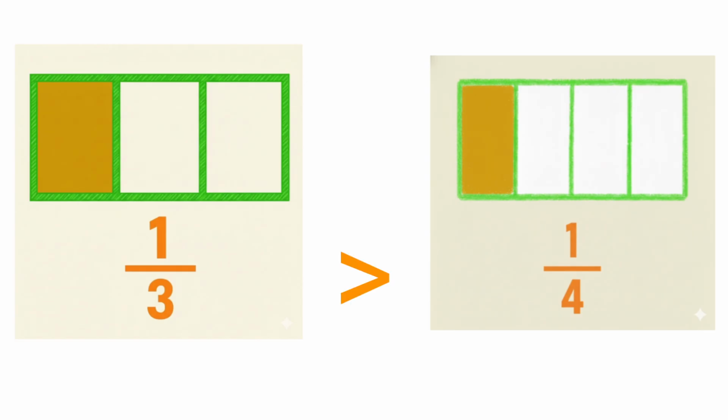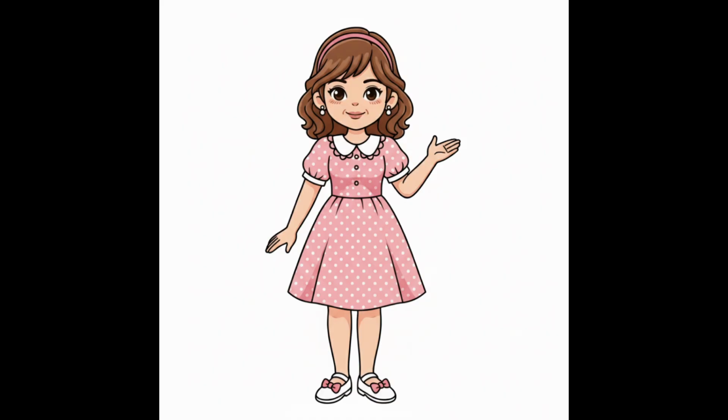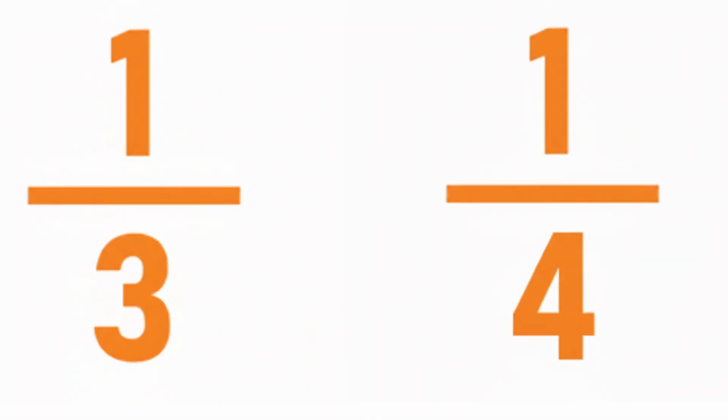Yes, 1 upon 3. The length of the shaded part on the left side is longer than the one on the right side. Now here you need to understand that when the denominator is bigger, the value of the fraction is lesser.